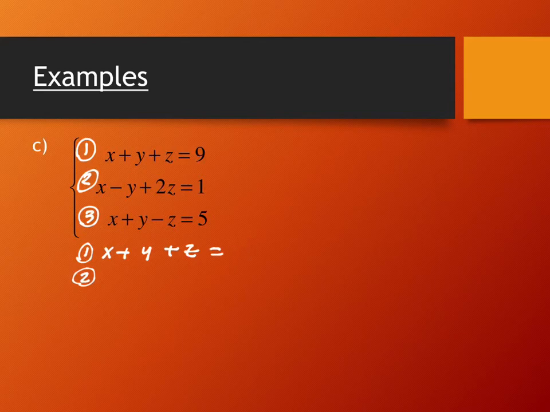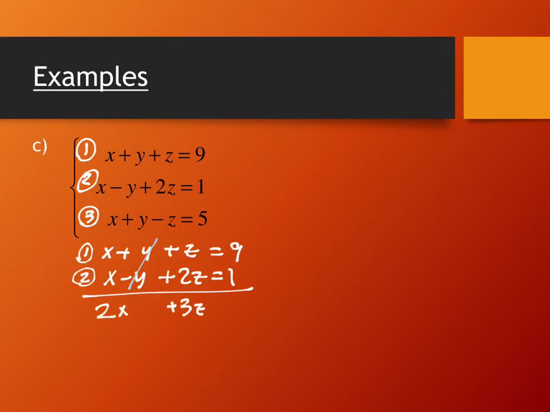And equation 2 is x minus y plus 2z equals 1. Just like you said, the y's add to 0. This is 2x plus 3z equals 10. That's equation 4.